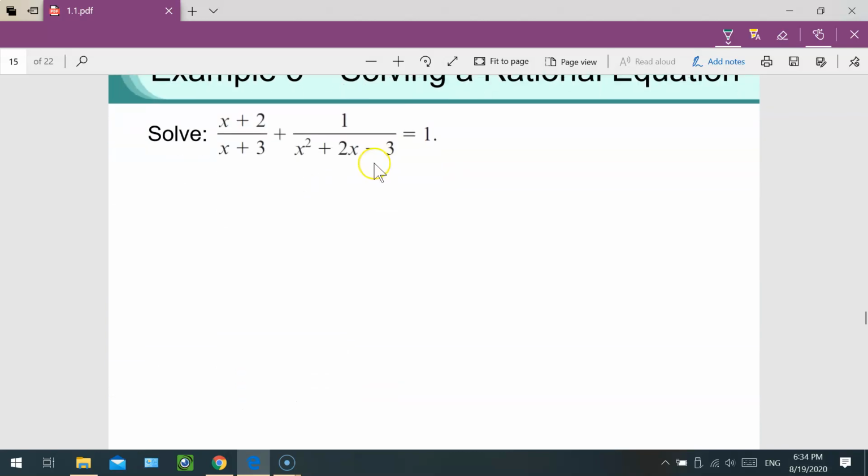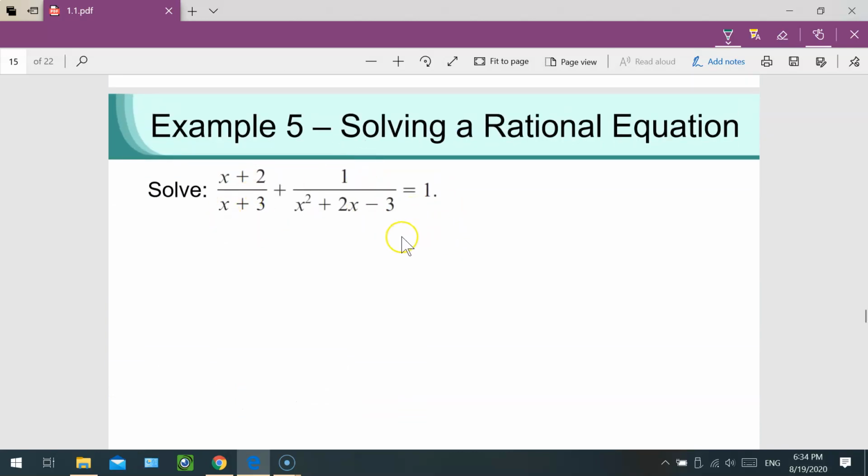Rational equation. So this is the characteristic of the rational equation. A rational equation is in fraction form, and you will have the unknown variable in the numerator and denominator as well. Some rational equations you only see numbers, but this is not the case. This one you have x on the top and the bottom. So how can we solve for x? We know x is unknown, right?